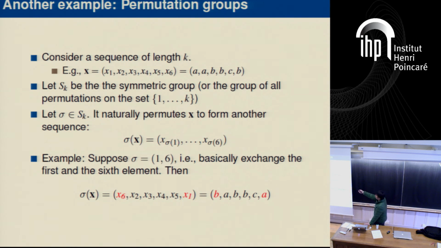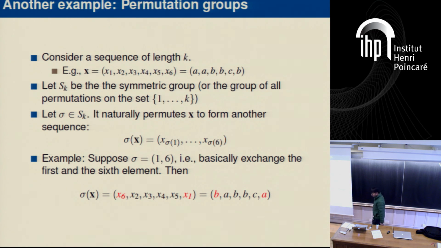If I know that x is this sequence, then after the permutation, you will get this sequence. Ignoring all the mathematics, you can see right away what permutation actually means here. Now, more precisely, this is the definition of doing the permutation. You just take sigma 1 to sigma 6. That is the new index for the corresponding position.